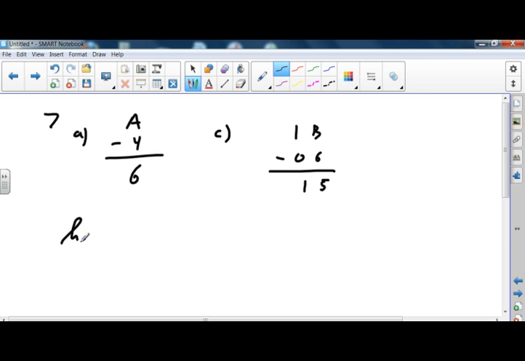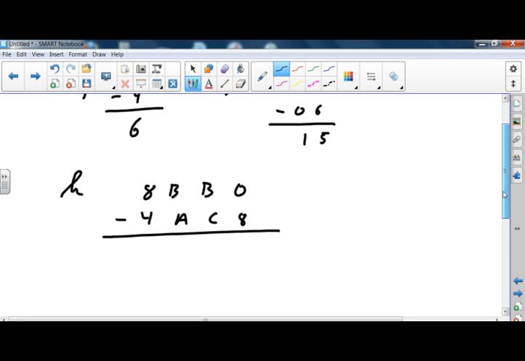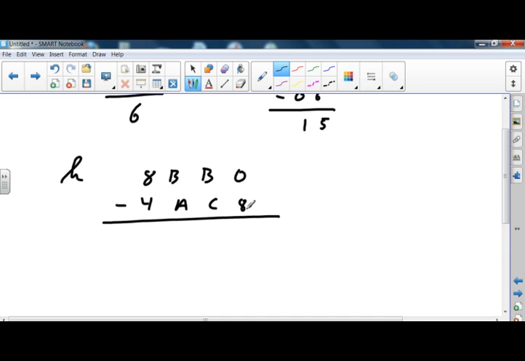I'm going to do the H guy. 8, B, B, 0 minus 4, A, C, 8. Okay. 8 from 0, I can't do that. I have to borrow 1, so I'm going to borrow 1, and make this an A. 8 from 16 is 8.